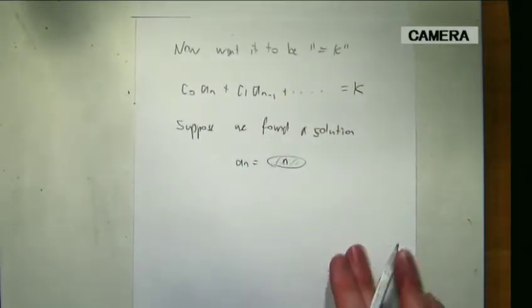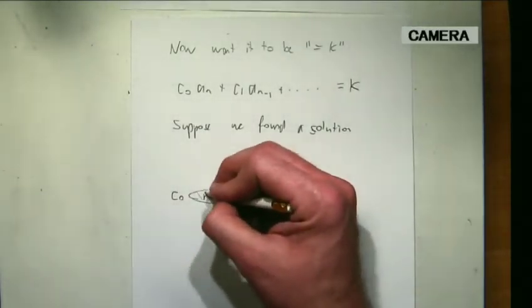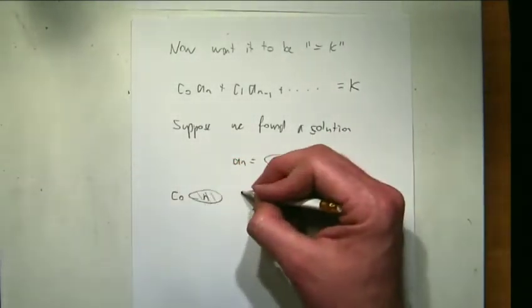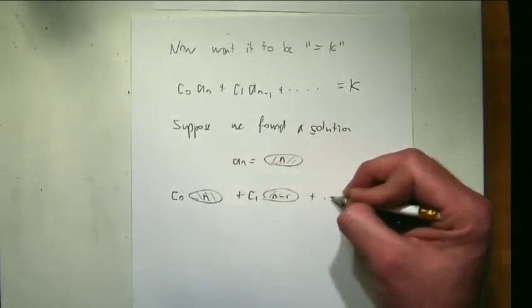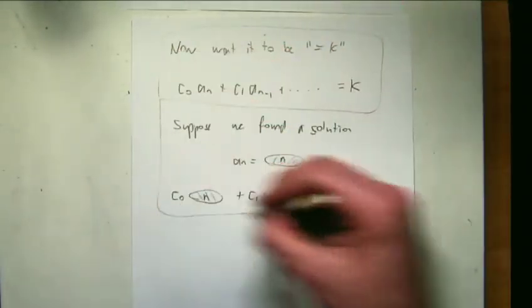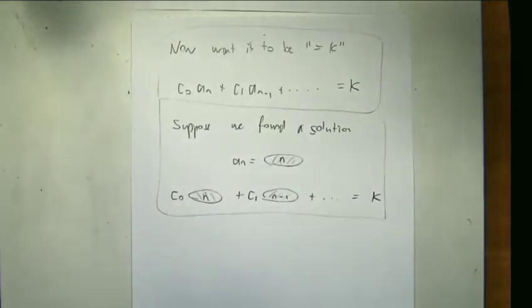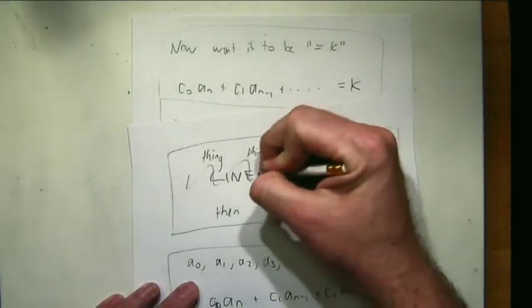Then that would mean that C0 times the circle, plus and so on, equals K. Here's the magic of linear things. This is all to do with linear things. So this is a linear equation.